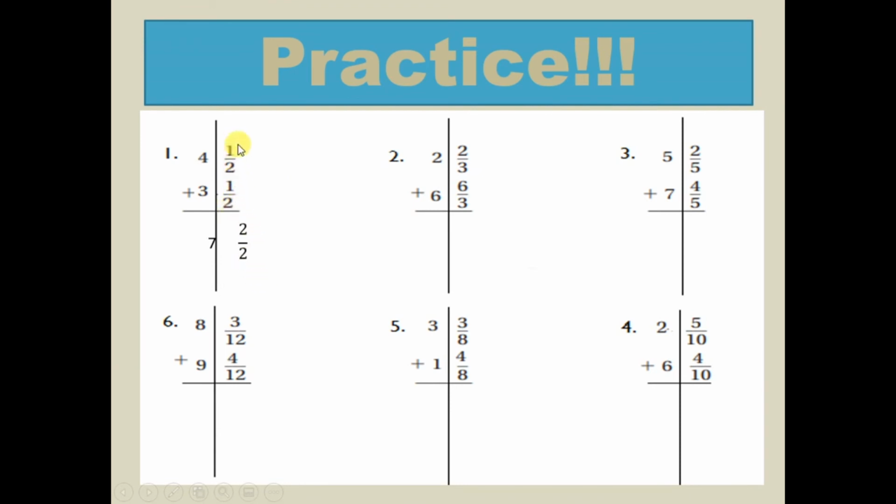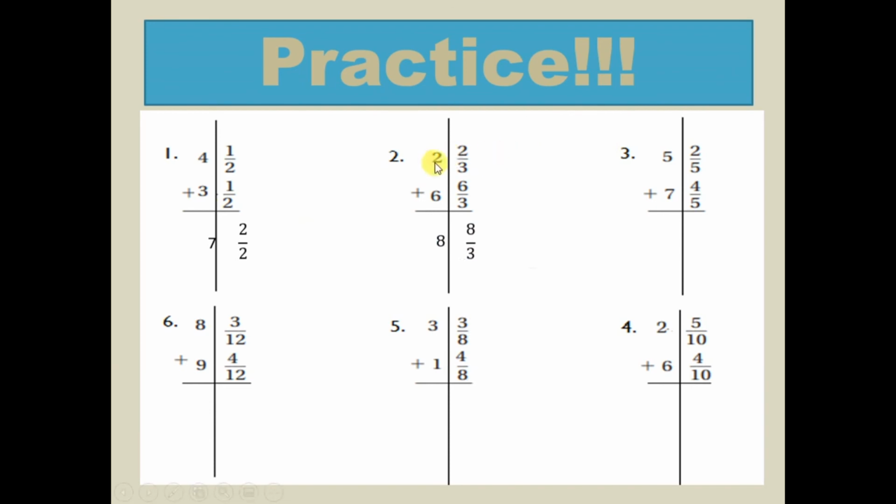Then add the 2 numerators. 1 plus 1 is equal to 2. And 4 plus 3, these are whole numbers. Add them as they are. 4 plus 3 is equal to 7. So please note here that 2 over 2 is called a whole number when the numerator is equal to the denominator. So the fraction is called a whole number or a whole fraction and equals 1.